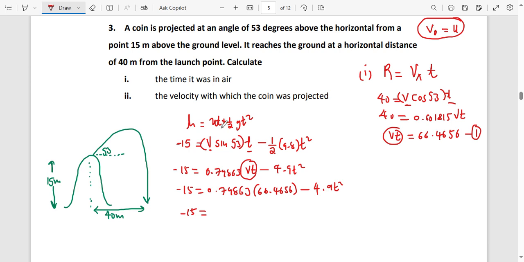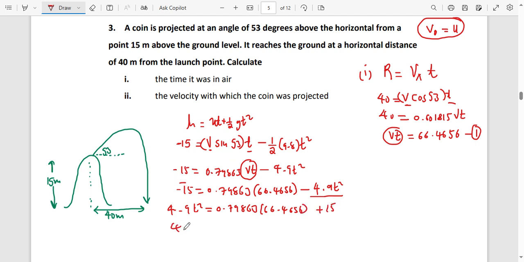Actually, I can make it easy. Let me do something so that we can move quickly. I'll take this one which has got a t to the other side, it becomes positive 4.9 t squared. That will be 0.79863 multiplied by 66.4656. I'll take 15 to the other side, it becomes positive 15.